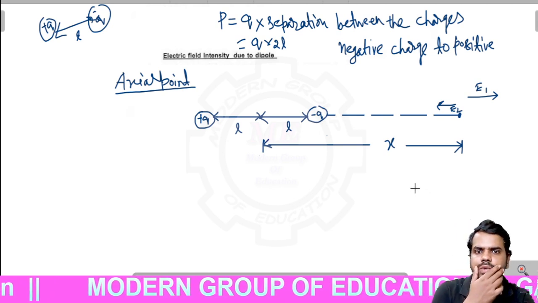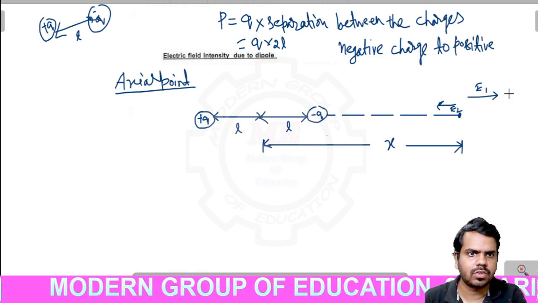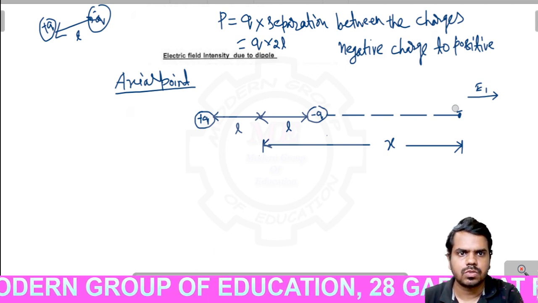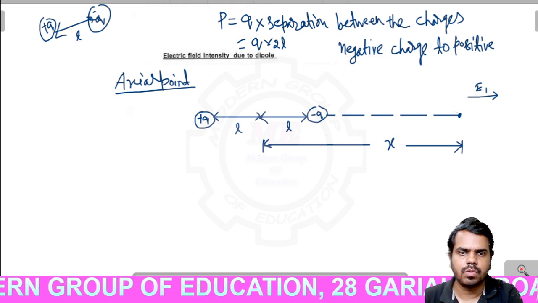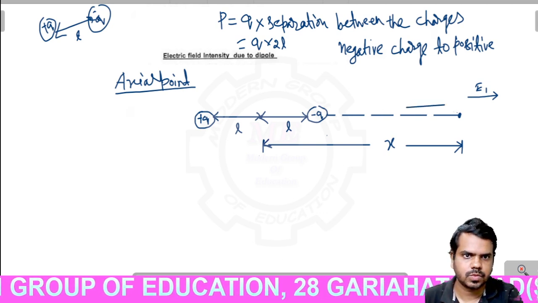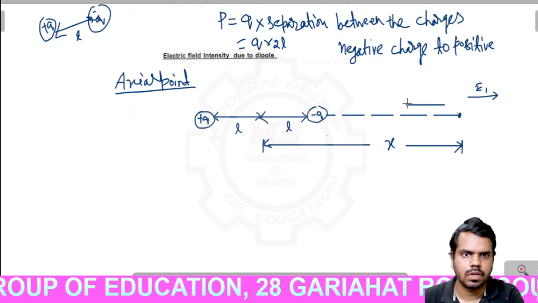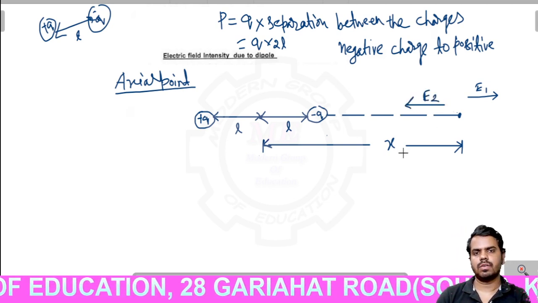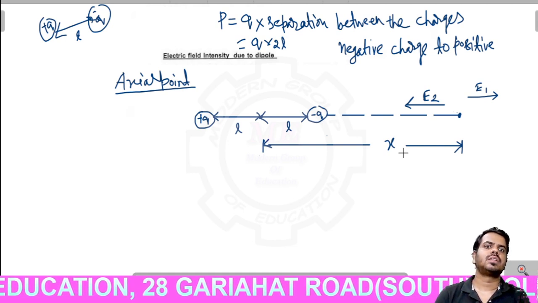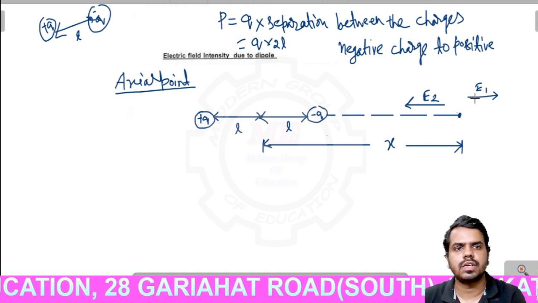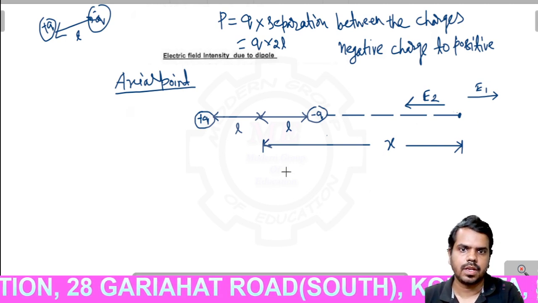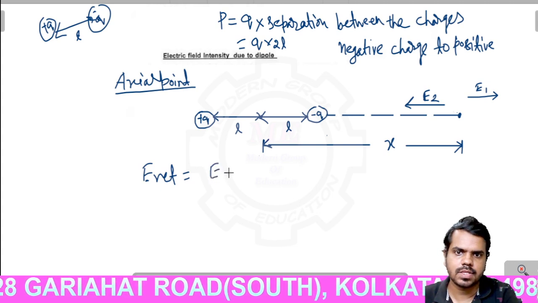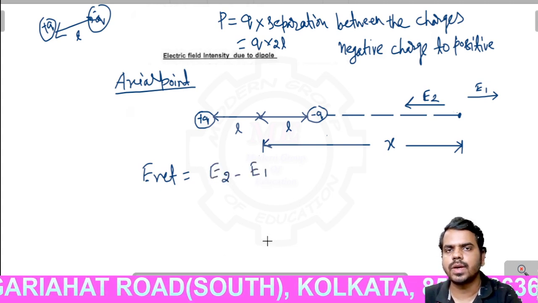E1 will be of smaller value, so the length of the arrow of E1 is smaller, and E2 will be of greater value, so the length of the arrow of E2 will be greater. E2 is the attraction field of the minus q charge, and E1 is the electric field of the plus q charge. Okay, now E net will be E2 minus E1. Obviously E2 is greater than E1, so E2 minus E1.